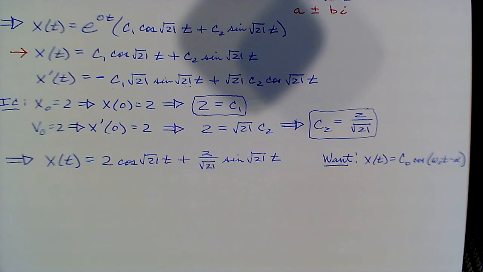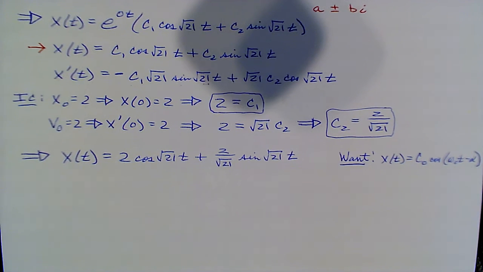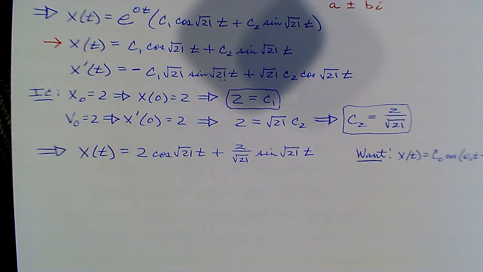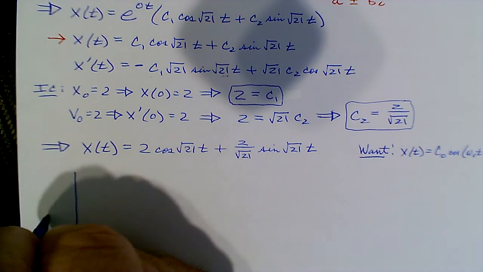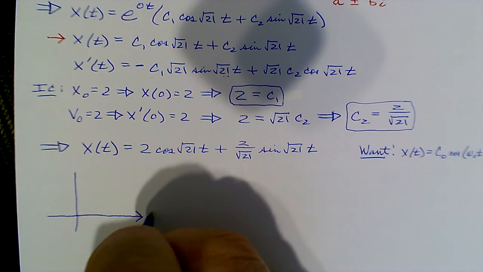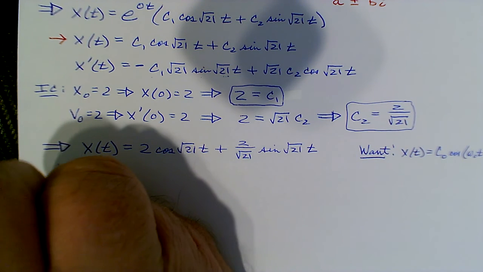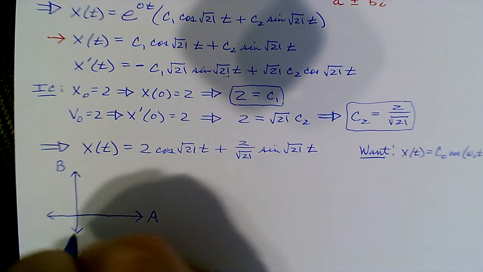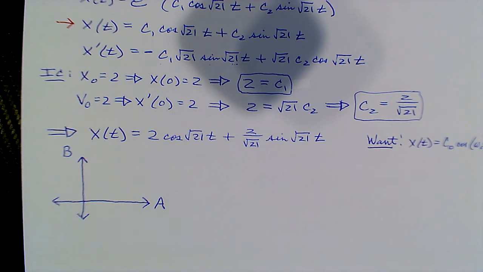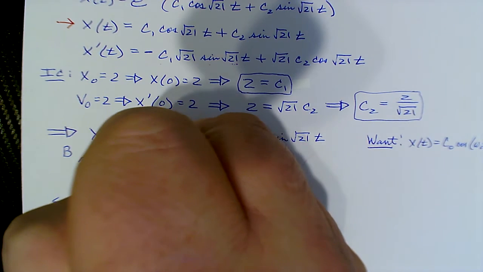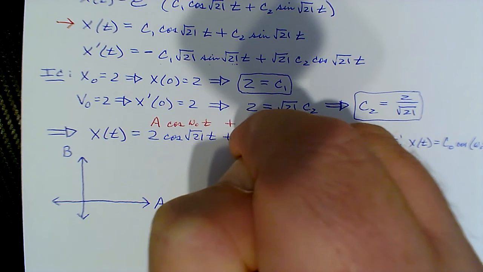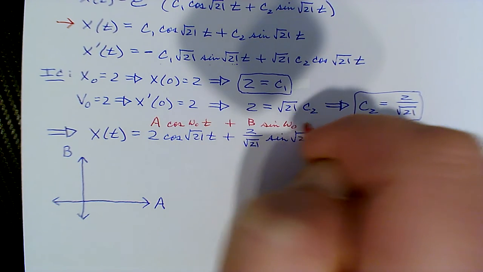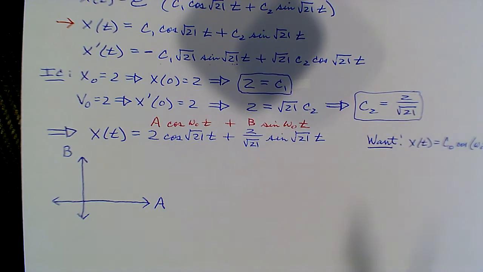And so to obtain that form, recall that we first need to consider a triangle. Well, consider a graph, where the horizontal axis is labeled as A and the vertical axis is labeled as B. And remember, this is taking the form of A cosine omega sub 0 t plus B sine of omega sub 0 t. So therefore A is 2.